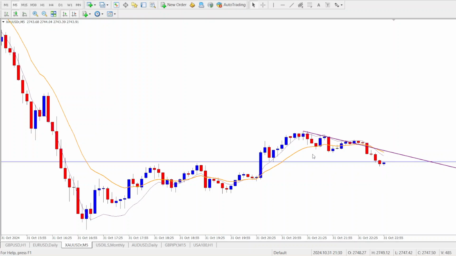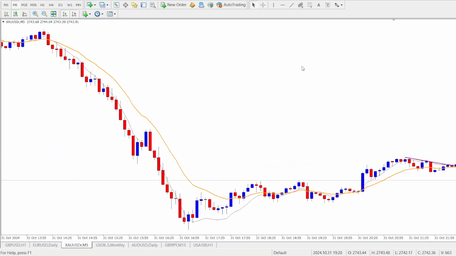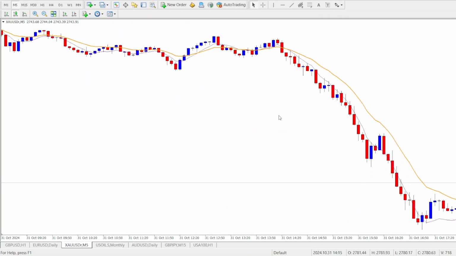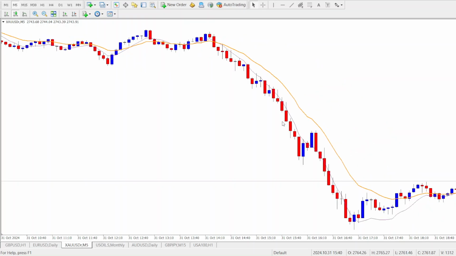Basically, the signal for the DEMA remains the same as with the regular moving average. When price crosses below the DEMA, it gives you a sell signal, and when price crosses above the DEMA, it gives you a buy signal. You can see how the DEMA reacts to price changes faster than the regular EMA.